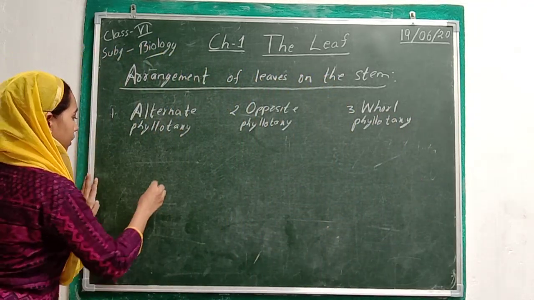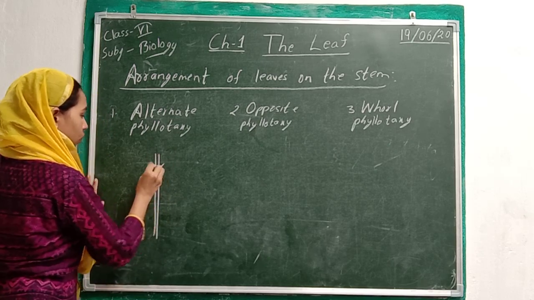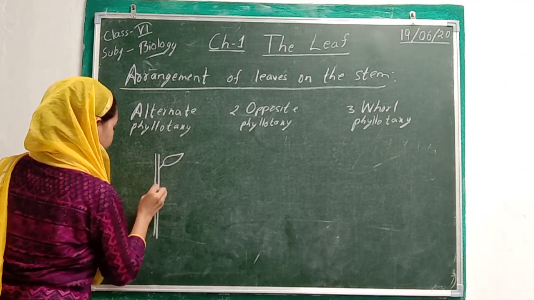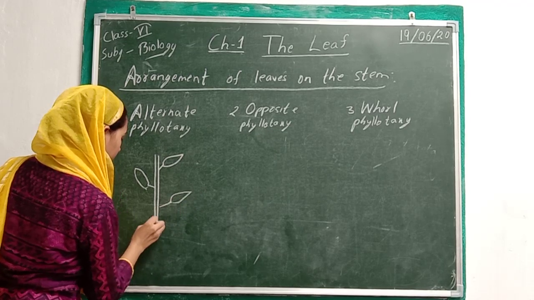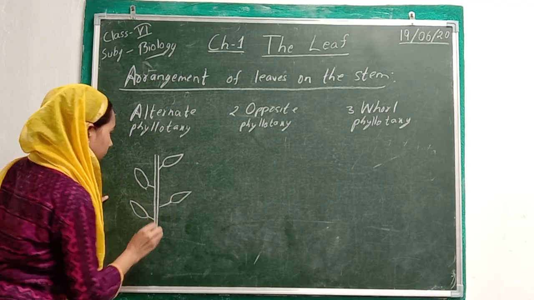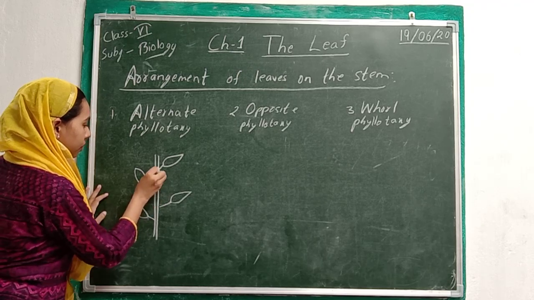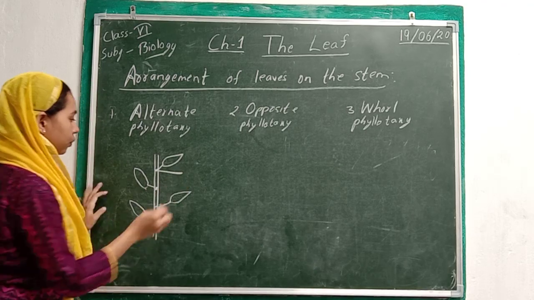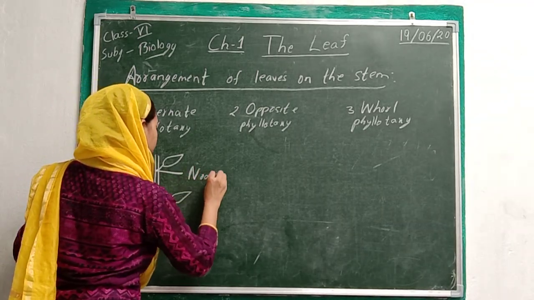Now what happens here is that you see there is a stem, and you see that the leaves are there. The leaves come out from a point which is known as the node. This point from which the leaf comes out is known as the node.